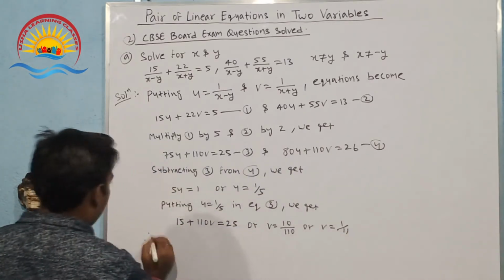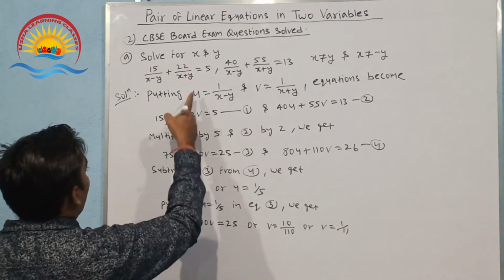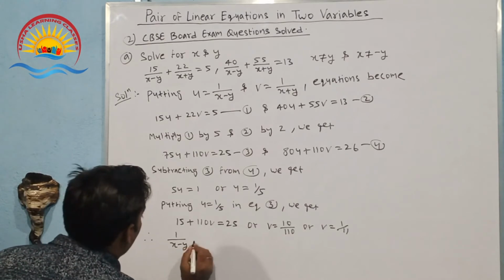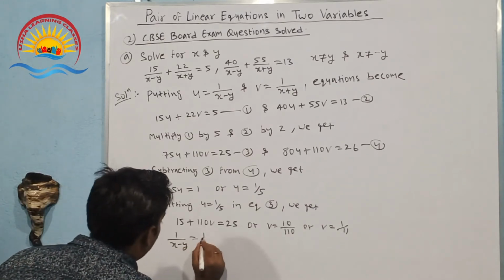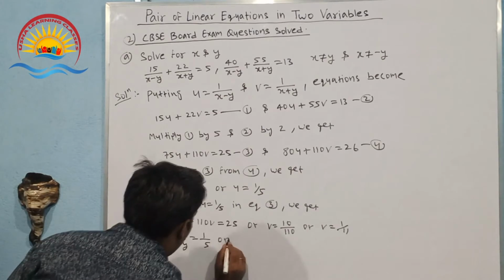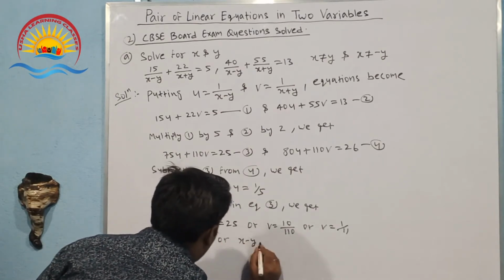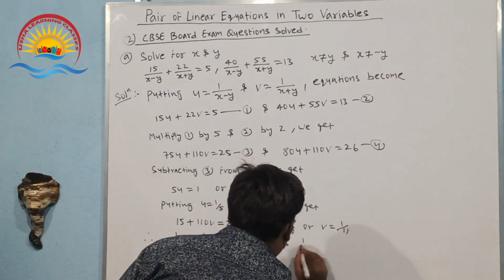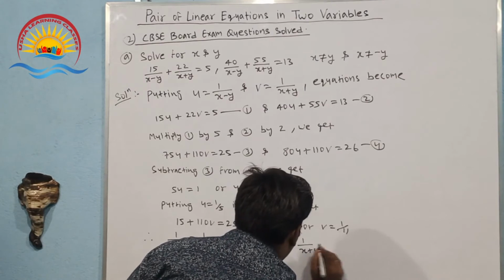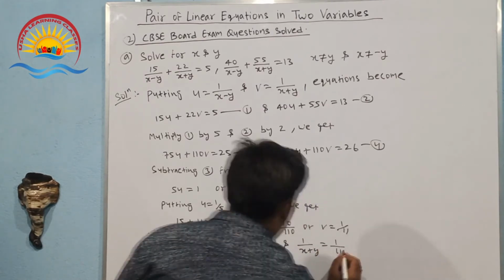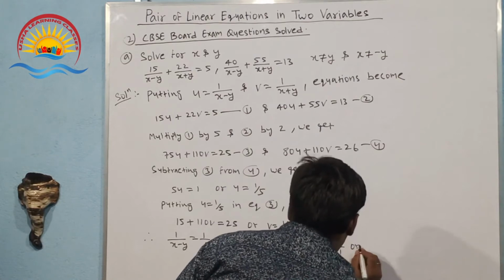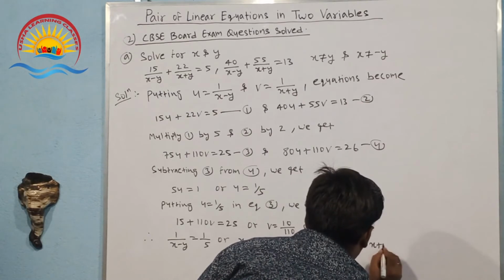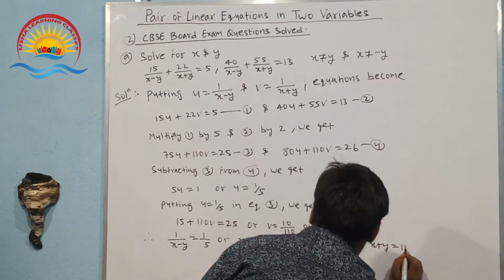Therefore 1 by x minus y equal to 1 by 5 or x minus y equal to 5 and 1 by x plus y equal to 1 by 11 or x plus y equal to 11.